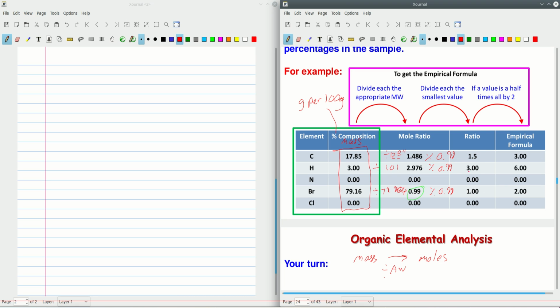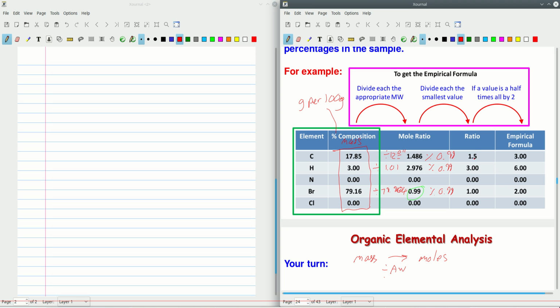Now in a chemical formula you never have halves, so we have to do something to get this to be whole numbers. With any one of these tables, what you do to one item in a column, you have to do to all. So in our first column we divided each number by its appropriate atomic weight. In the second column we divided each by the smallest.